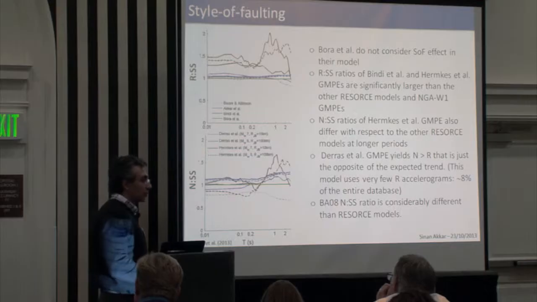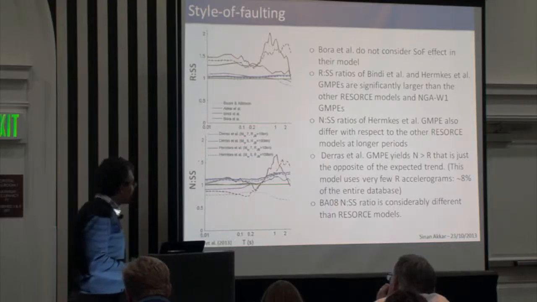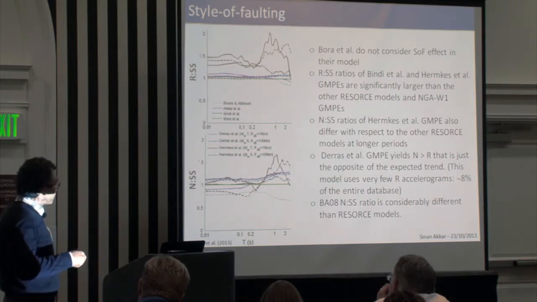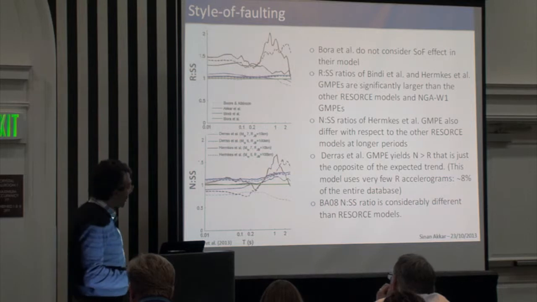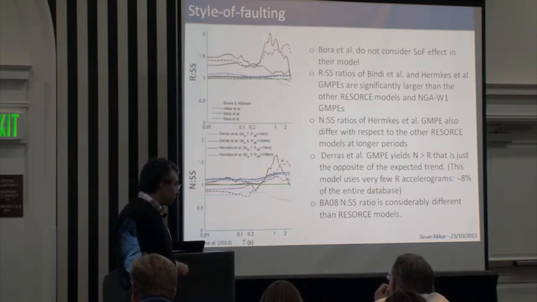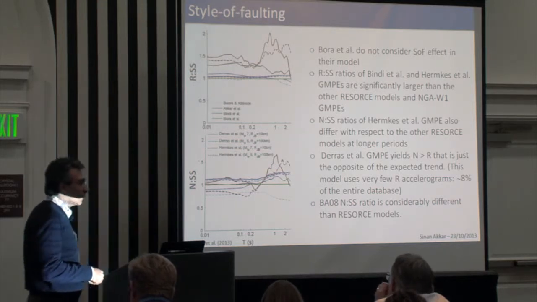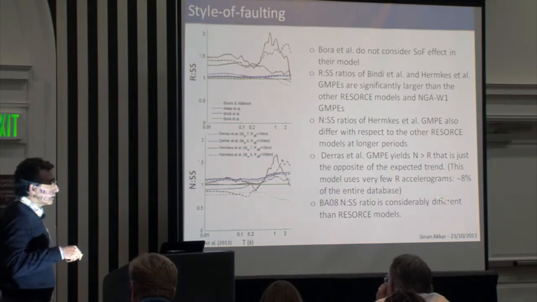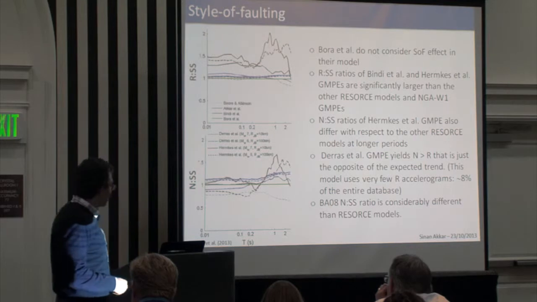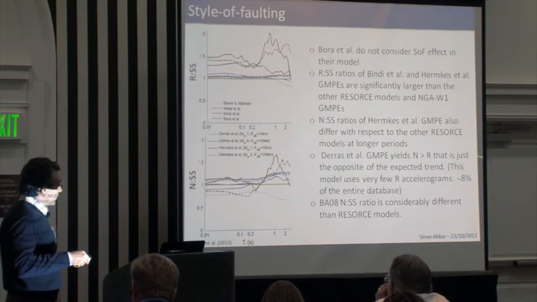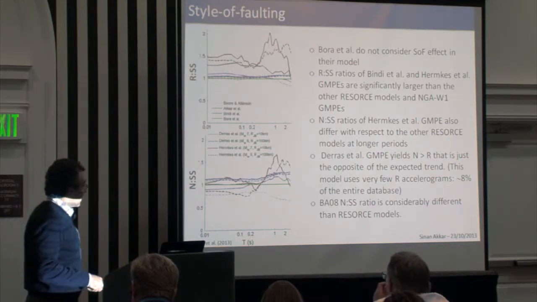You would expect just the opposite. This could be attributed to the resolution of style of faulting in their database, because there are very few reverse events in their database, and this might be the reason why they're getting this result.